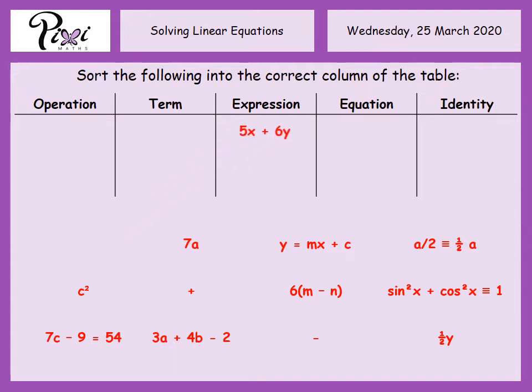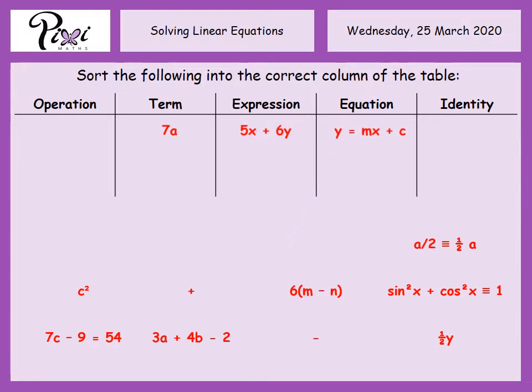For example, 5x plus 6y, it's an expression. Why is it an expression? Because we know that an expression has numbers, variables, and operations. 7a, it's a term. Why is it a term? Because it has only a number and a variable.